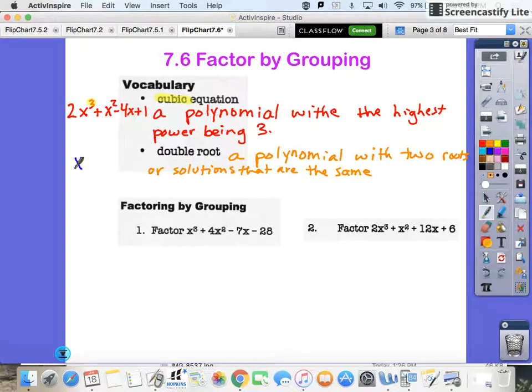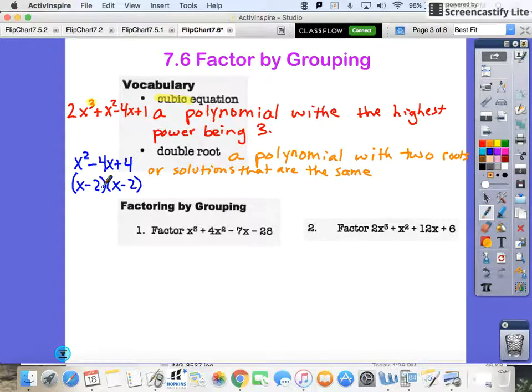For example, if we had x squared minus 4x plus 4, if we factored that, we would end up with x minus 2 times x minus 2. We ended up with two factored pieces that are the same, x minus 2 and x minus 2.